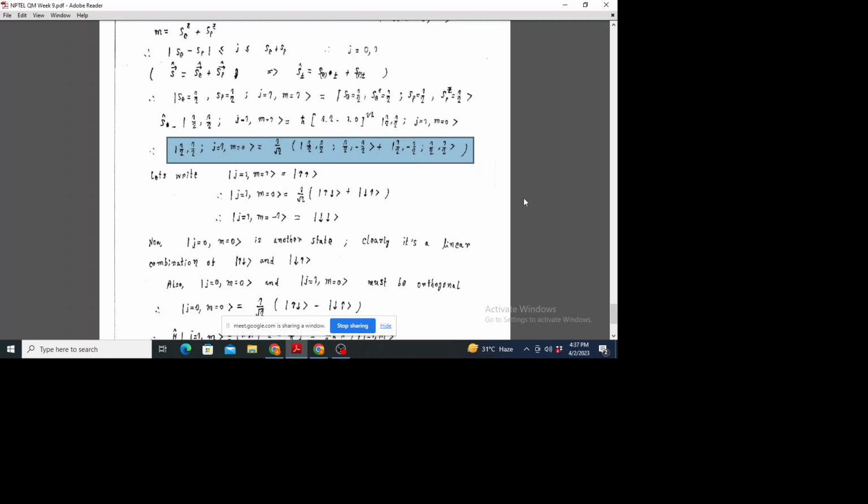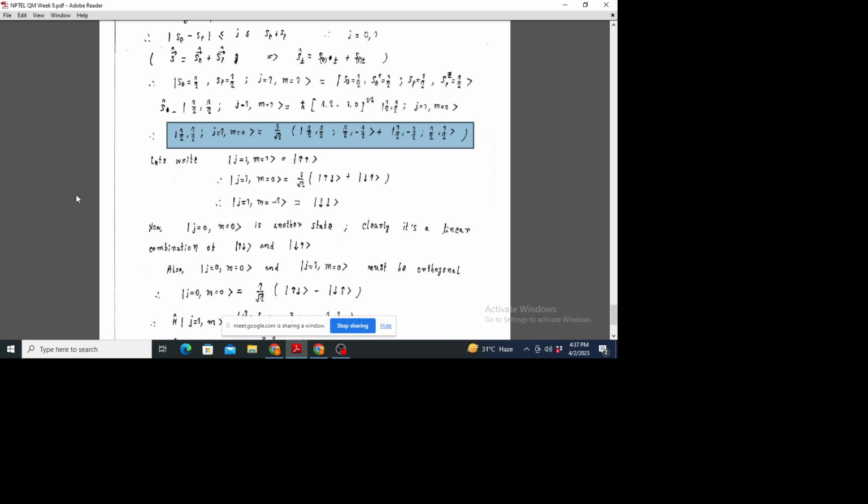So J equal to 1, M equal to 0 is the linear combination of these two states: electron up spin, positron down spin, plus electron down spin, positron up spin. So the equal linear combination of these two states.